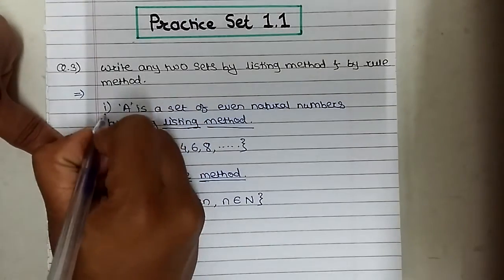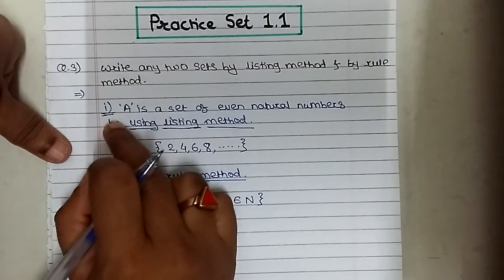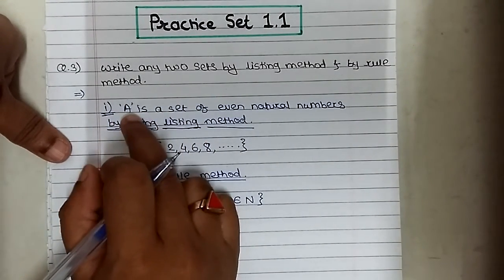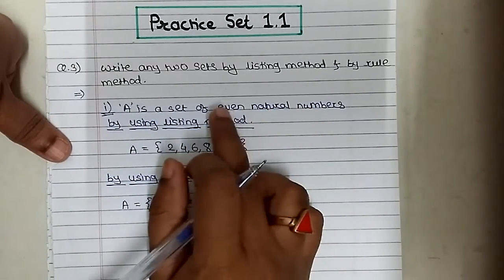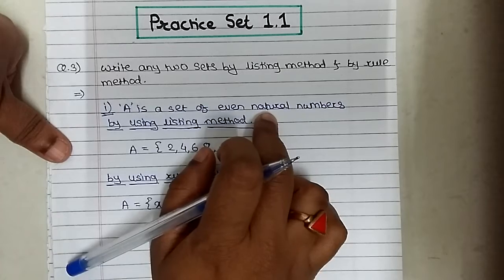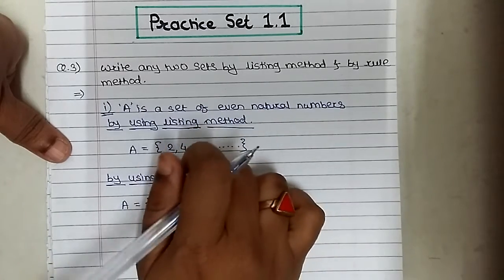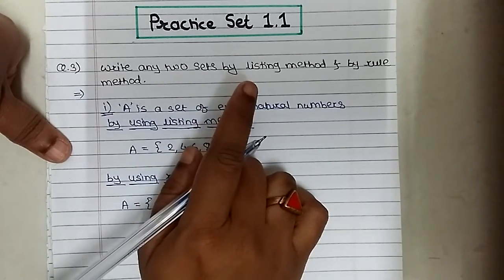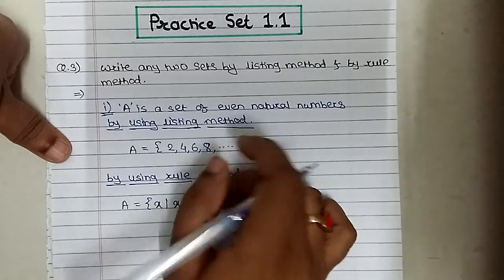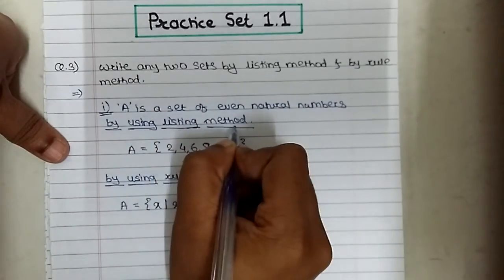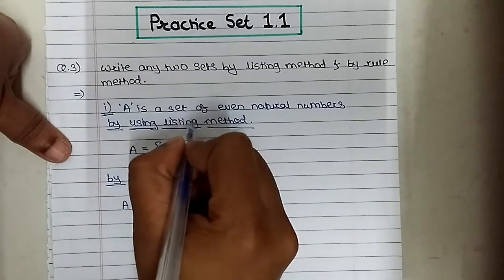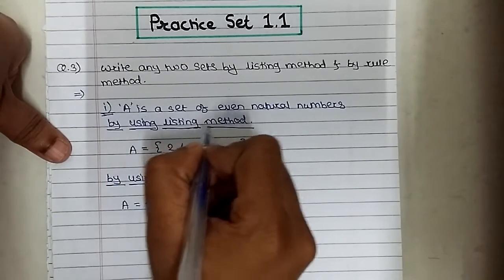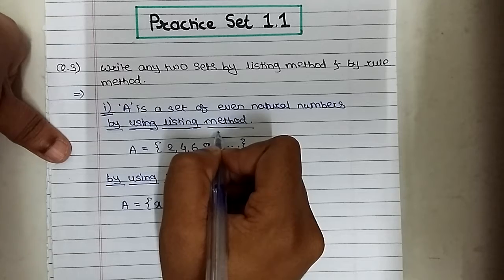So in the first set, A is a set. A is the set name of even natural numbers. I will take a set of even natural numbers. Even natural numbers means it starts from 2, then 4, then 6, then 8 and so on. By using the listing method, we write the actual elements of the set, that is 2, 4, 6, 8.